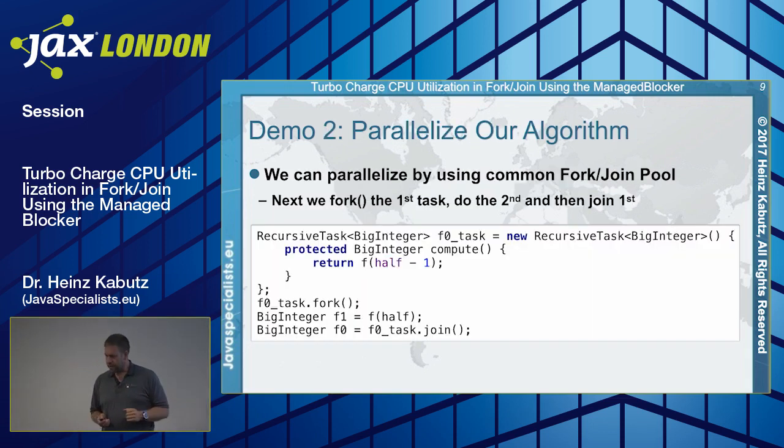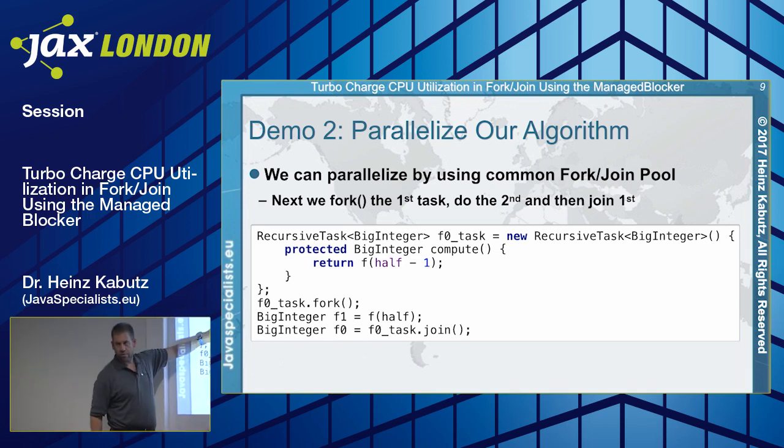Now, one of the features we can use in Java, since Java 7 actually, is this thing called ForkJoin. What ForkJoin does is it says, let's take the task, and if we've got 2 parts or multiple parts to the task, let's do one possibly in another thread by forking it. So you take this f of half minus 1.